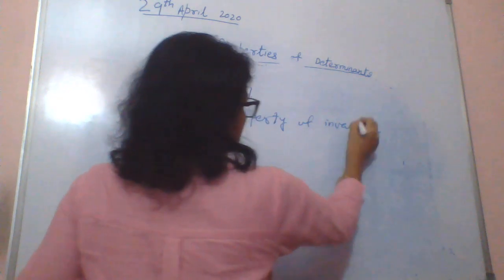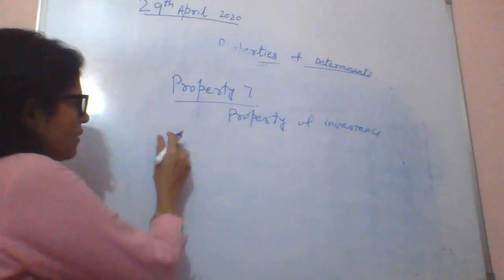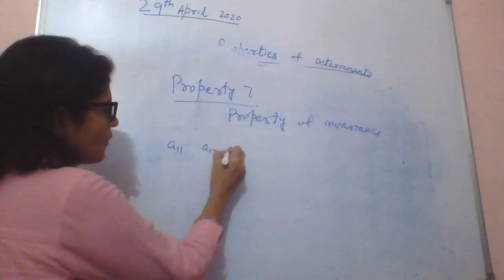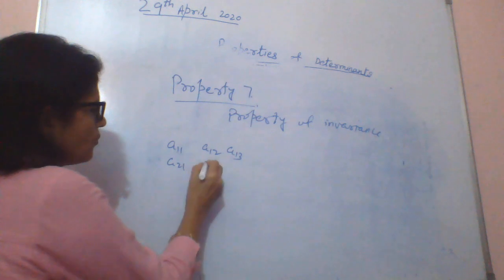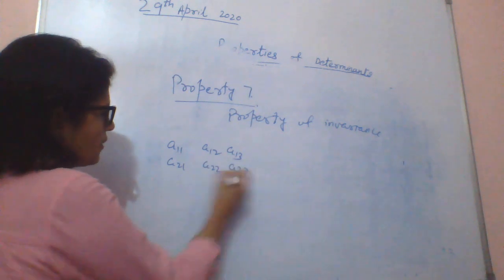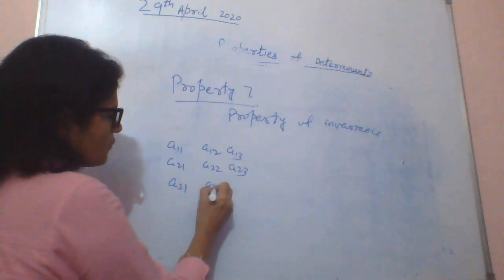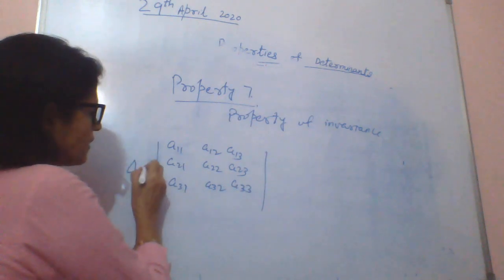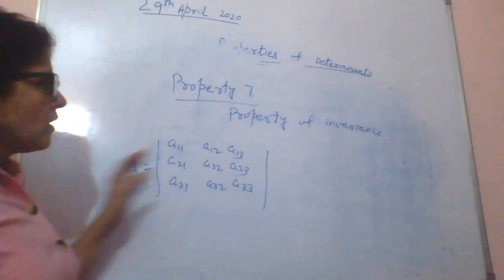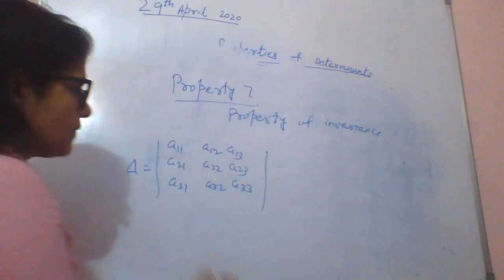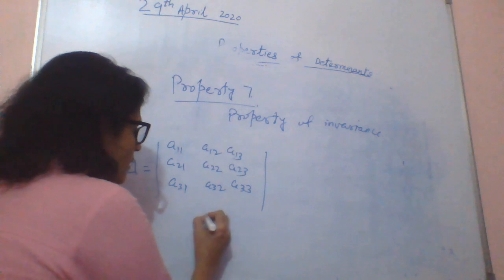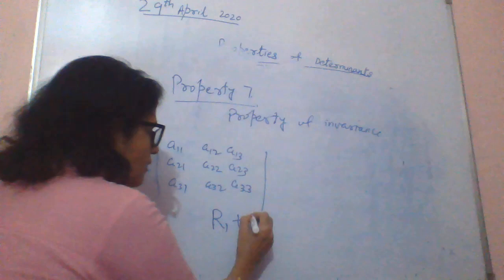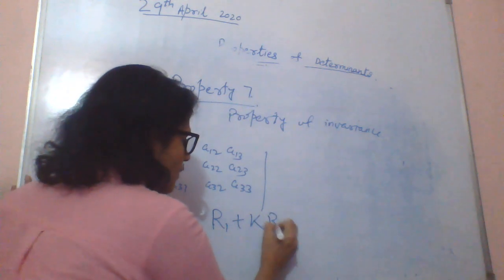So it means what? Suppose you have a11, a12, a13, a21, a22, a23, a31, a32, a33, the original determinant. Now as per this property, suppose with R1 I add a multiple of R2.